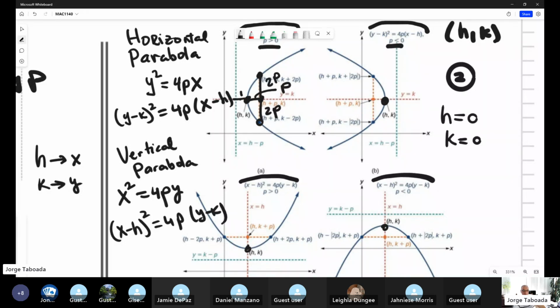The directrix is at the same distance p. It is a vertical line when the parabola is horizontal, and the axis of symmetry is a horizontal line when the parabola is horizontal. The vertical parabola is totally different: the axis of symmetry is a vertical line and the directrix is horizontal.